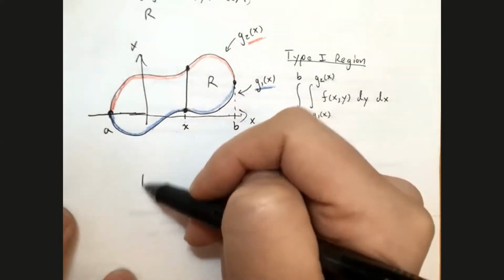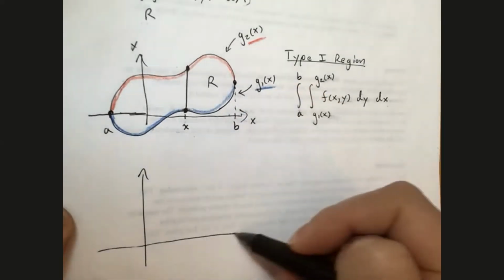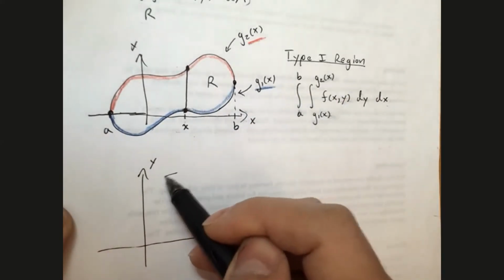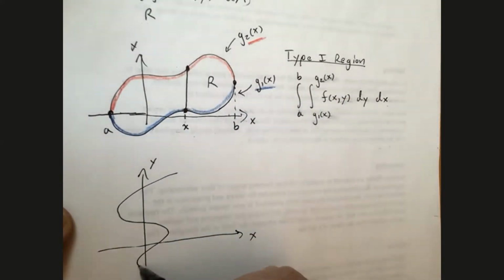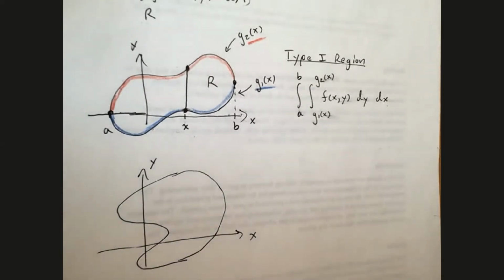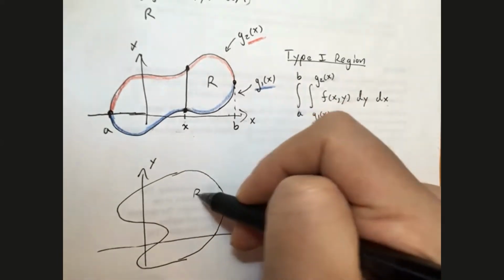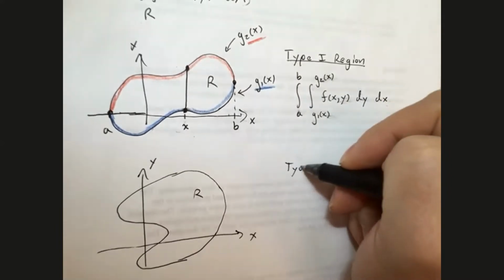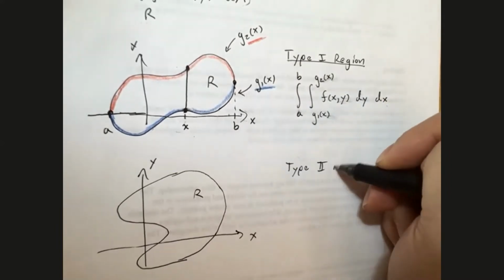A type 2 region would look something like this. So let's set up some axes and let's do something like this. Okay, so here's my region R. This is a type 2 region.